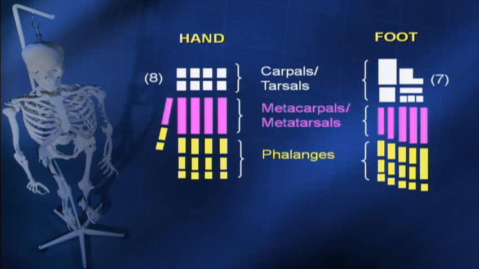So you see 3 individual bones for each finger or each toe. What's the only one that doesn't have it? In the thumb, I only have 2, and in the great toe, I only have 2. Similar pattern, so thumb and great toe have 2 phalanges. The rest of the digits have 3 phalanges.